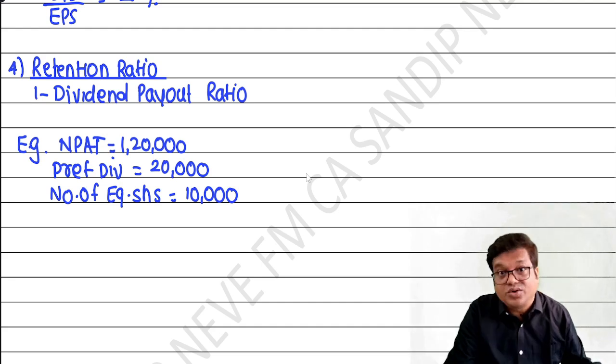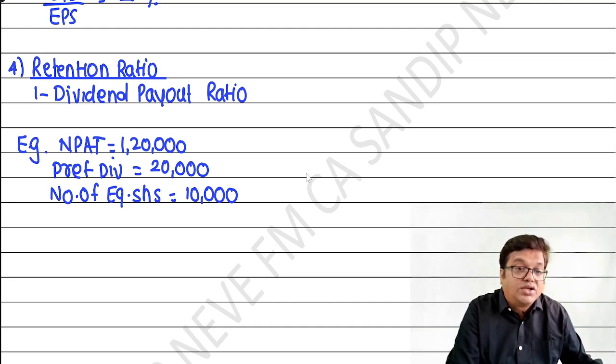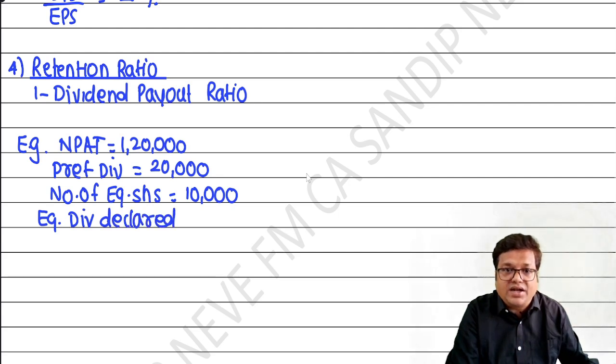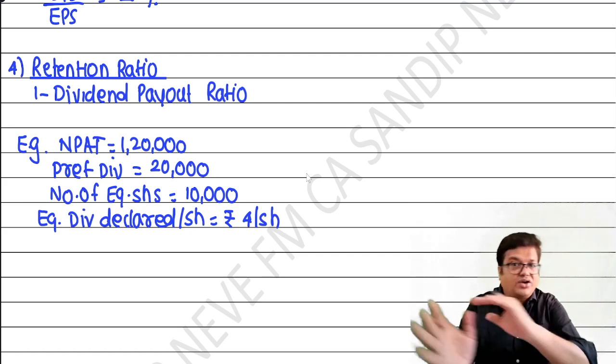And as I told you, the question will tell you what dividend per share will be declared. So the equity dividend declared per share is, let's say, rupees 4. Fine. From this we'll quickly calculate all the ratios.